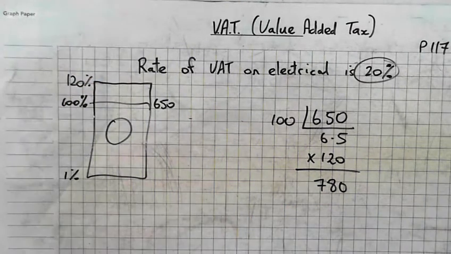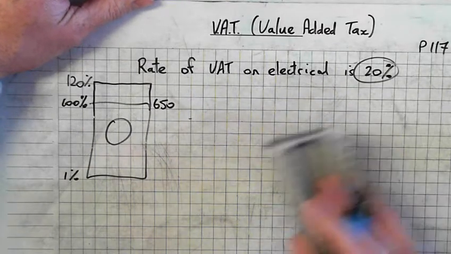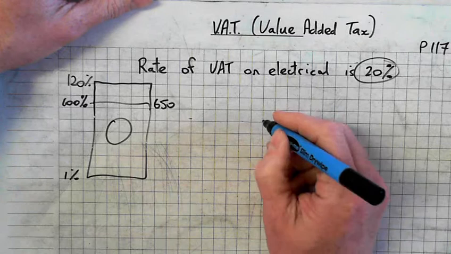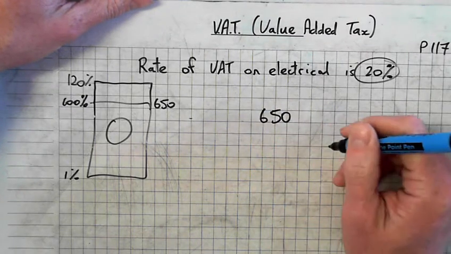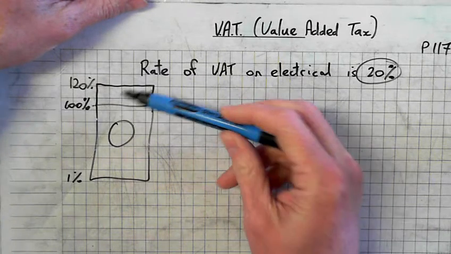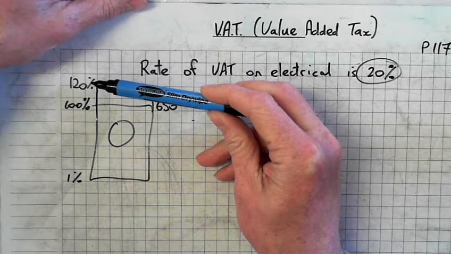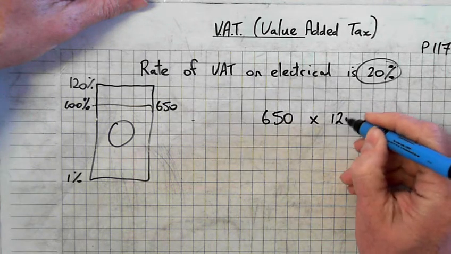Another way of doing it is just writing down 650 and multiply, what percentage am I looking for? Well, 650 is 100%. What percentage? I'm looking for 120. So I can just multiply by 120%.